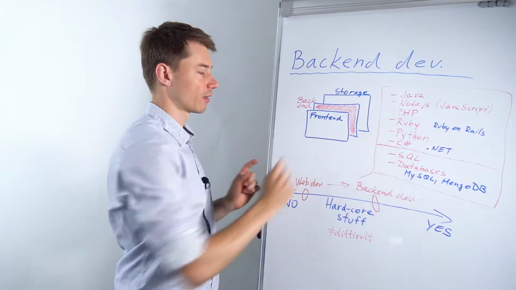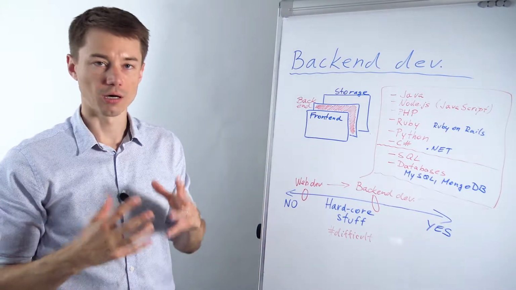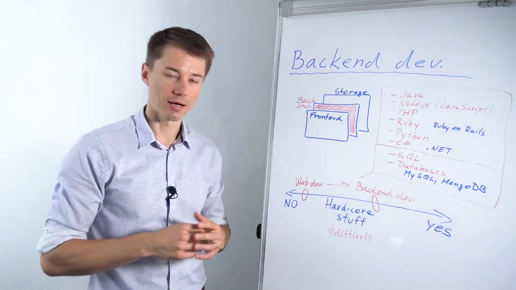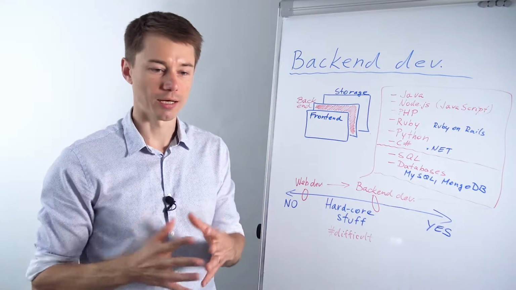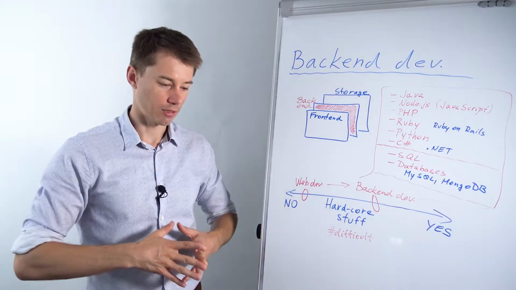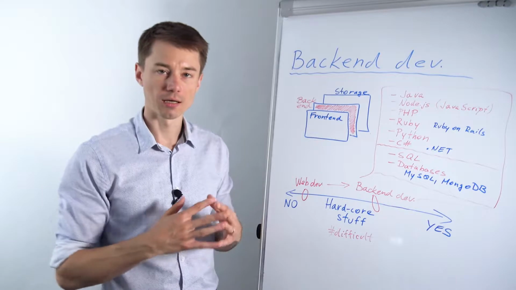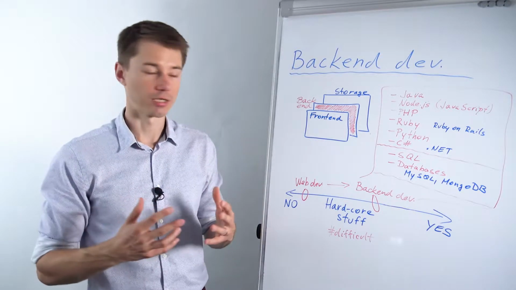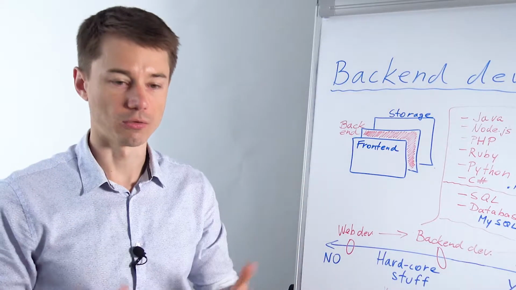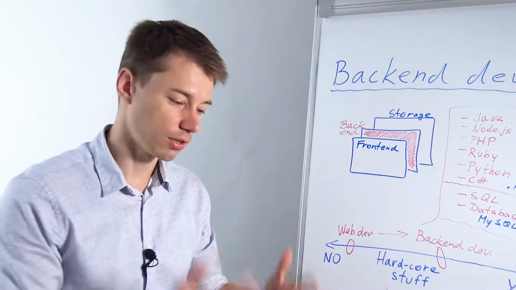PHP is one of the most popular backend languages. Somewhere I've read it's used by 70% of websites. It's really crazy, right? Well, even if it were only 20-30%, it's still a lot.